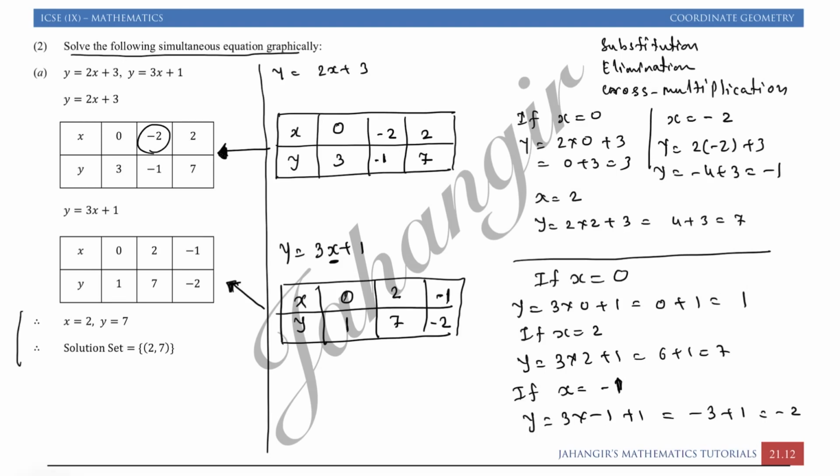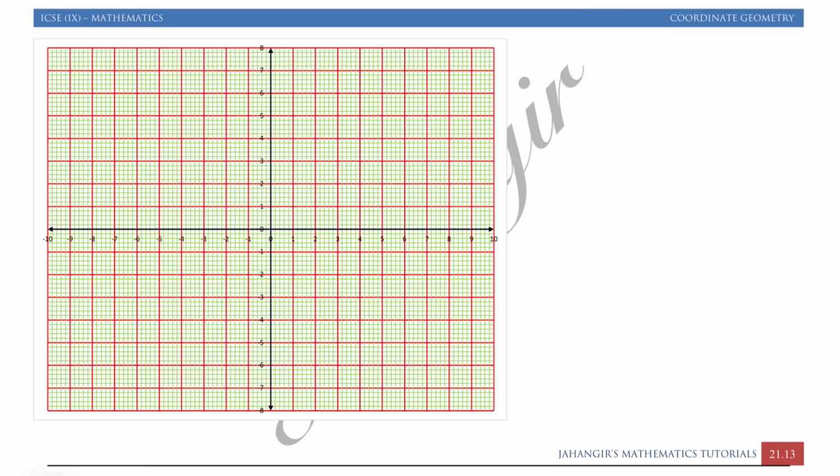Okay, how I got this solution set we will discuss later. So first let us plot these 3 points for each equation on the graph paper. So let us write, this is question 2. The first equation is y is equal to 2x plus 3.